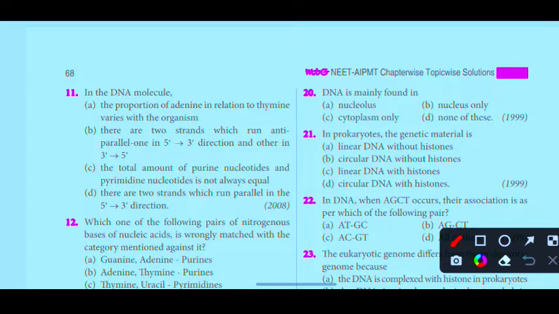Option C is the total amount of purine nucleotides and pyrimidine nucleotides is not always equal. Option D is there are two strands which run parallel in the 5' to 3' direction. So the answer is option B, that is there are two strands which run anti-parallel, one in 5' to 3' direction and other in 3' to 5'.